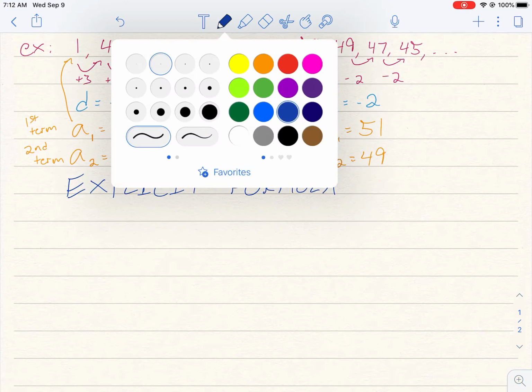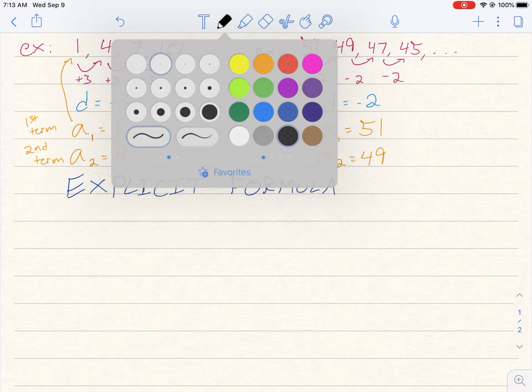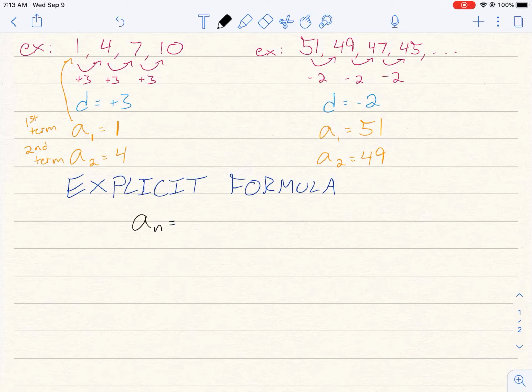And I'll box this in a second. But the explicit formula is a sub n, there's a little n, it's almost like an exponent, but it goes down, is equal to a sub 1 plus d times n minus 1.